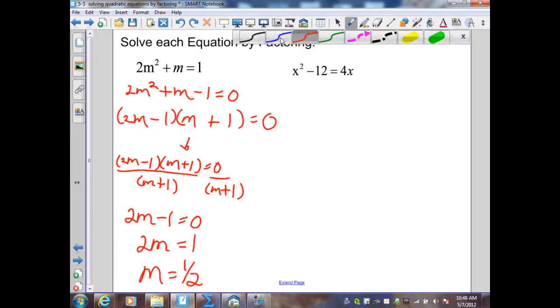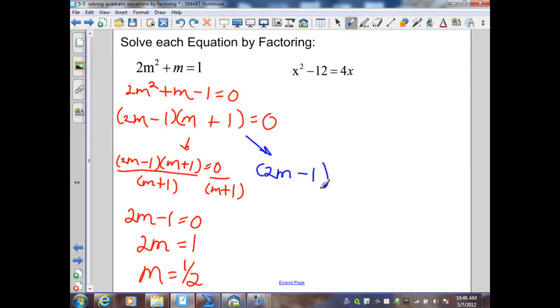Now what we have to do is do that for the other factor. So what I'll have is, again, 2m minus 1 times m plus 1 equals 0. Now, divide both sides by 2m minus 1.